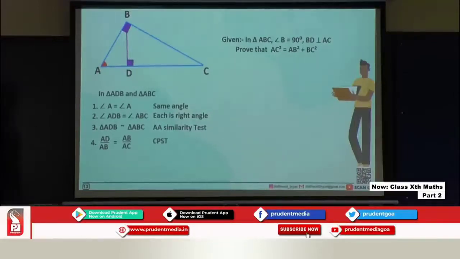And the next step will be cross multiplying, the fourth step. So AD multiplied by AC is equal to AB multiplied by AB, which is AB square, and the reason that I will give is step number 4. So from step number 4, this is the conclusion.